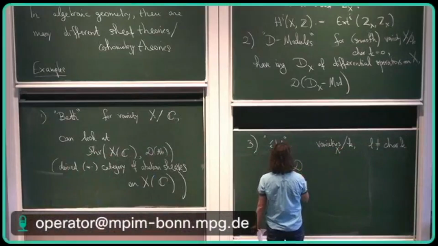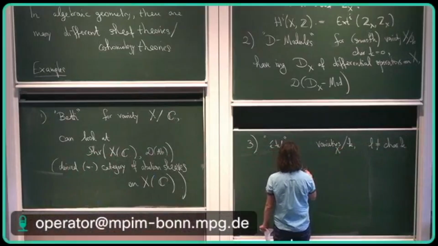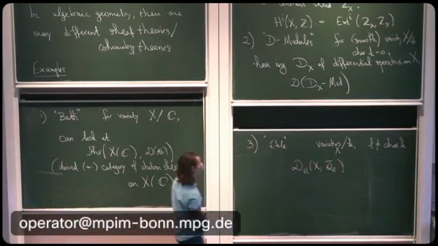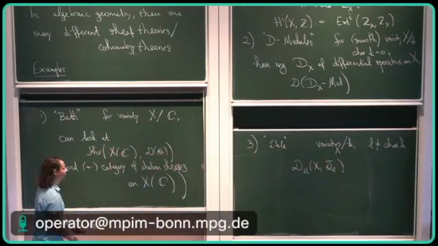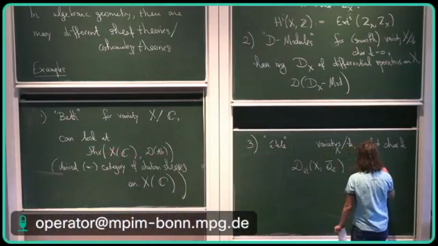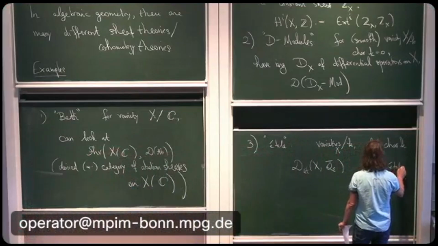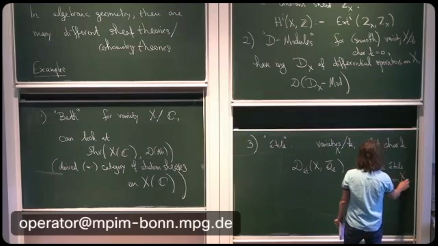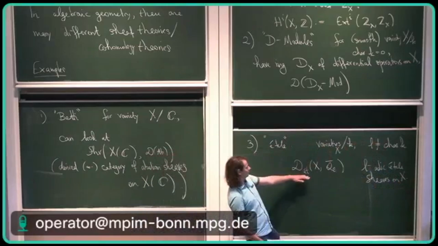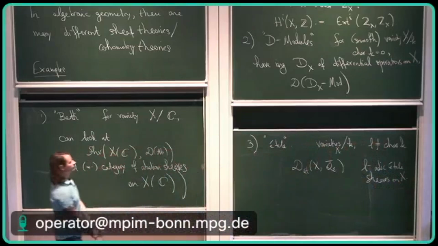Then we can take this thing usually called something like D(X, Q_l-bar), so l-adic étale sheaves on X with Q_l-bar coefficients. And there are probably many slight variants about the precise definition of this, but it will not matter for this talk.